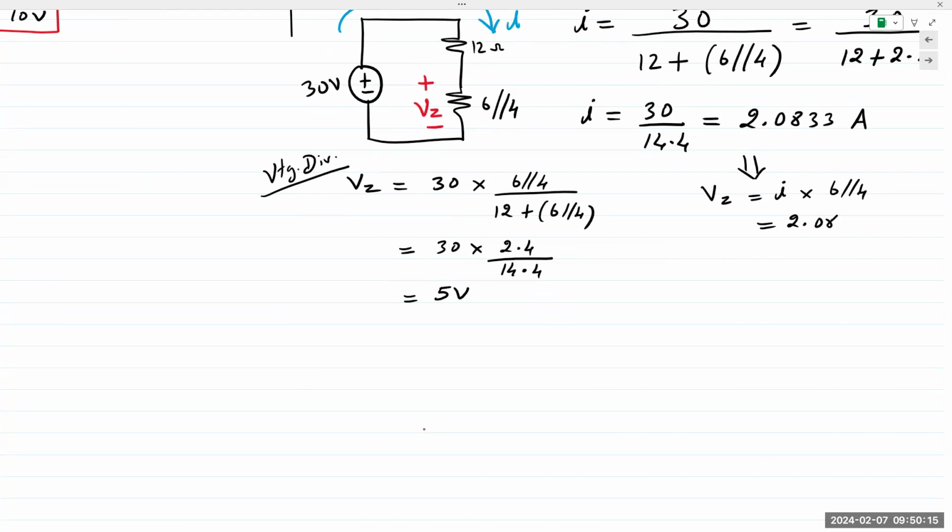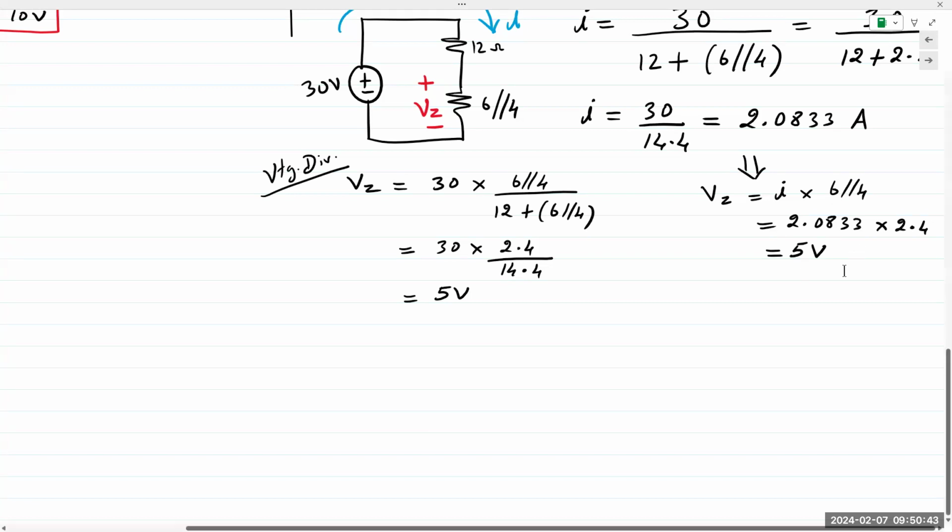I would be 2.0833 times 2.4. And that should come out to be 5 volts. Let's take a 10-second pause while you look over both methods.